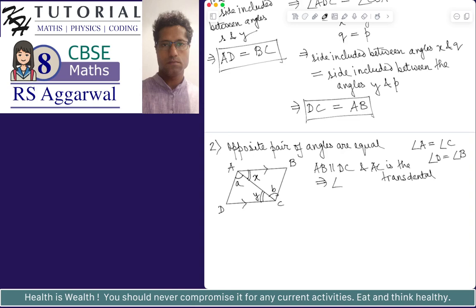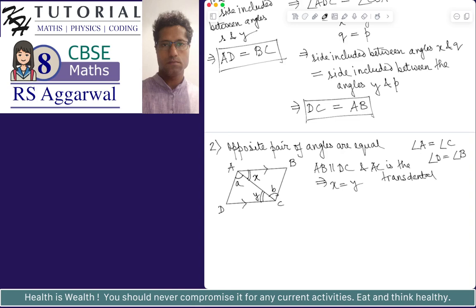Okay, so if AB is parallel to DC and AC is the transversal, we must have angle X equal to angle Y.